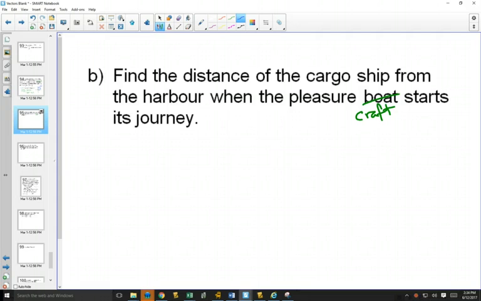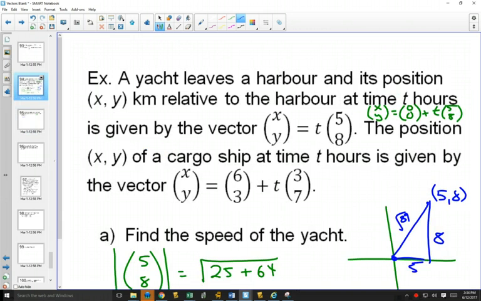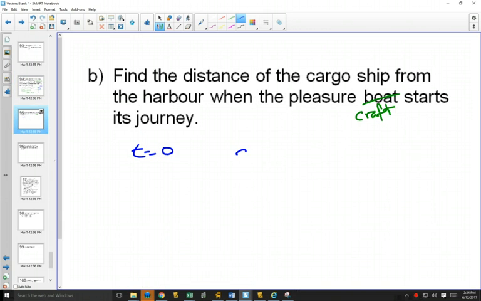So when it starts its journey, at time equals 0, the cargo ship is at 6, 3. How far away is 6, 3 from the harbor?